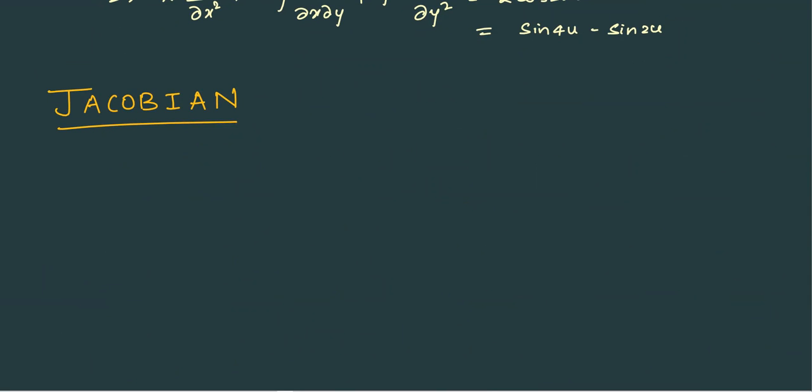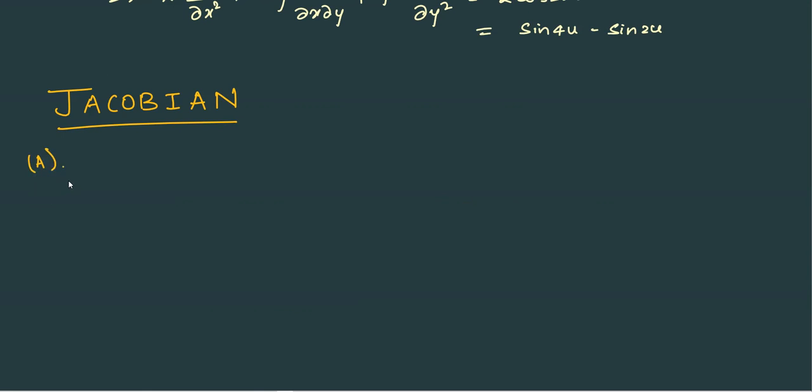This term Jacobian comes in conversion of integrals also; in substitution we convert one differential to another differential. To use that, we will use this concept of Jacobian. We will see this in multiple integrals.